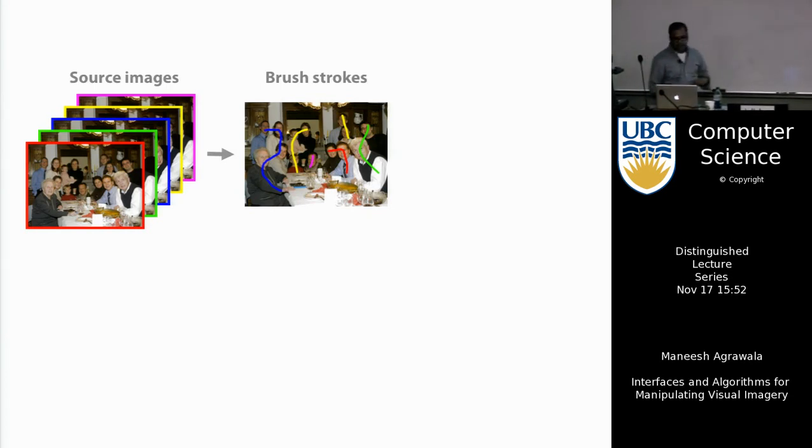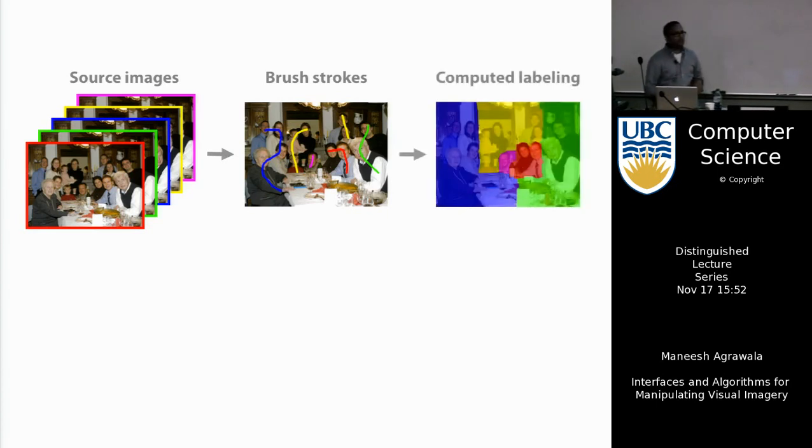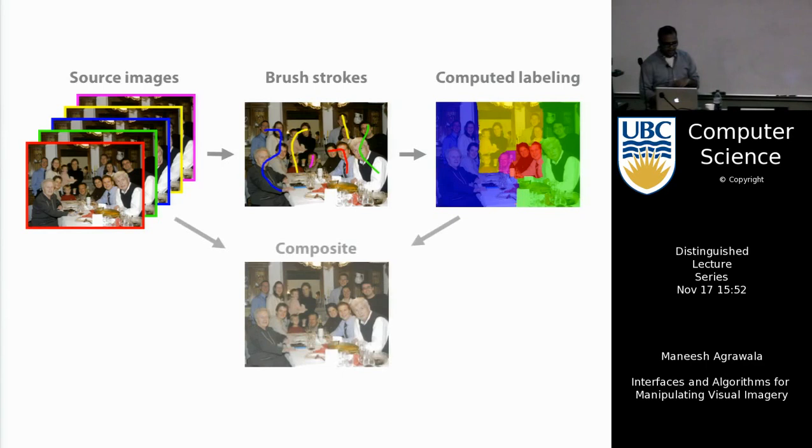And then the system is going to choose where to cut between the images in order to produce this seamless composite. So it's going to do the tedious low-level work. And when we do that, we get this seamless composite that I showed you earlier.